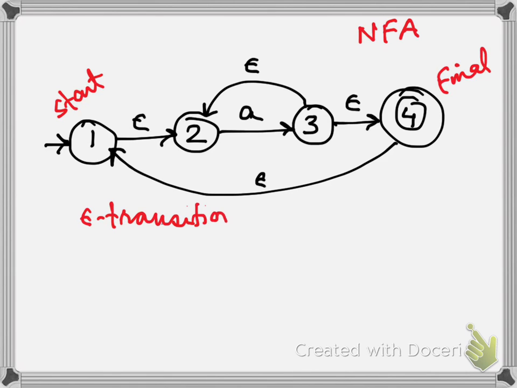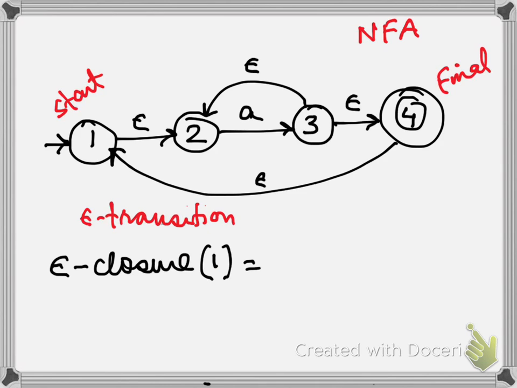By epsilon transition we mean any transition from one state to another that is labeled with an epsilon. Let us create the table for computing the epsilon closures of the various states. Let us first find the epsilon closure of the start state 1.